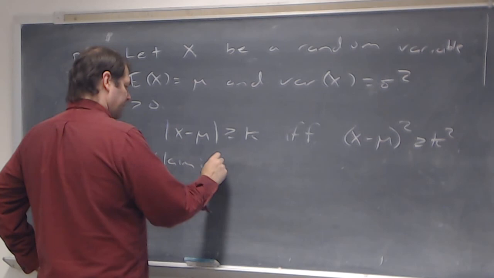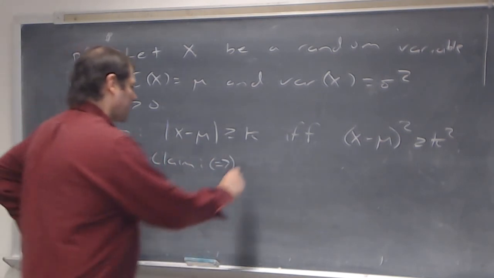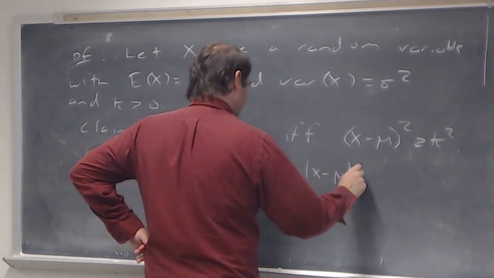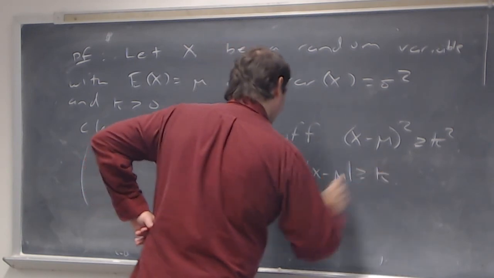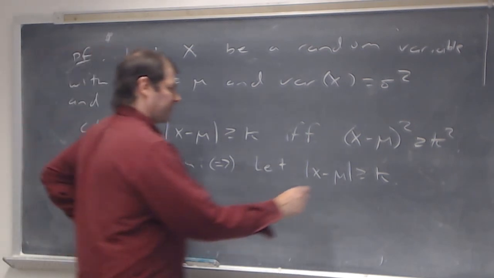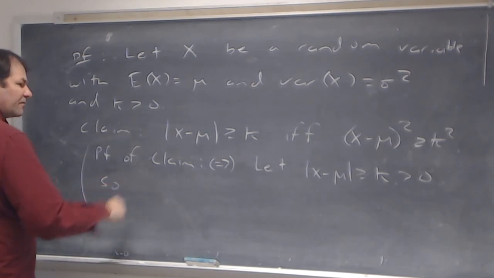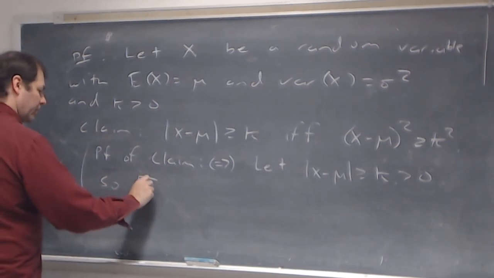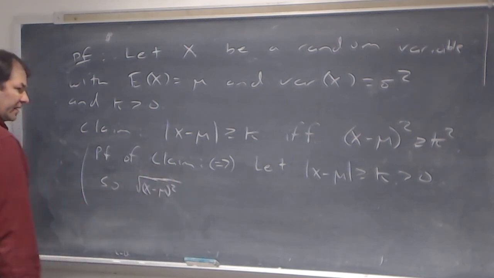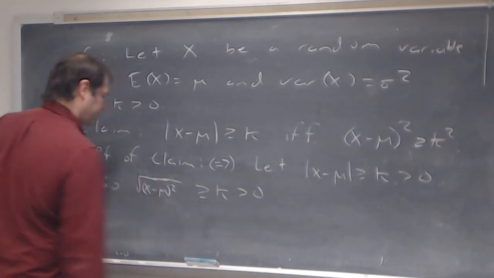So here, it's an if and only if statement, so we'll go in this direction first. We're going to let the absolute value of x minus mu be greater than or equal to k. And remember, k is greater than 0. So the absolute value of x minus mu is nothing more than the square root of (x minus mu) squared, which is greater than or equal to k, which is greater than 0.